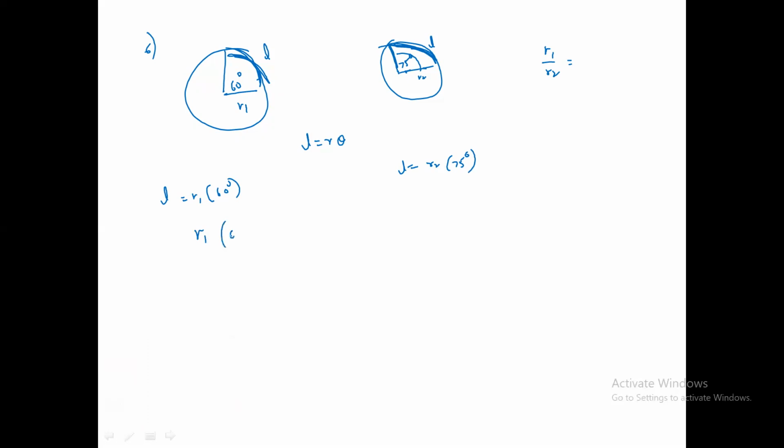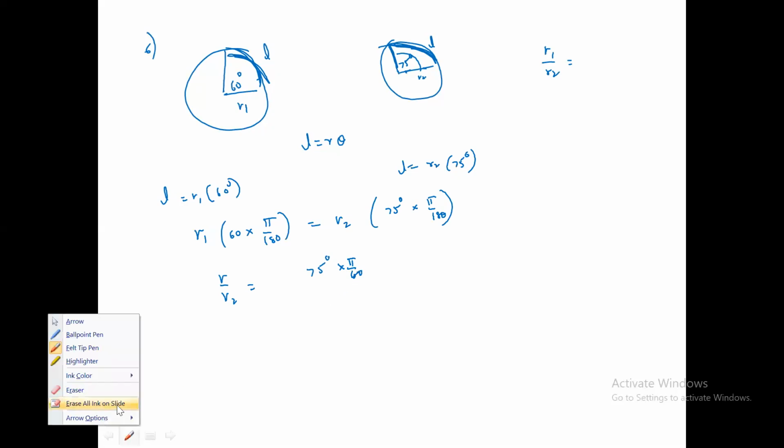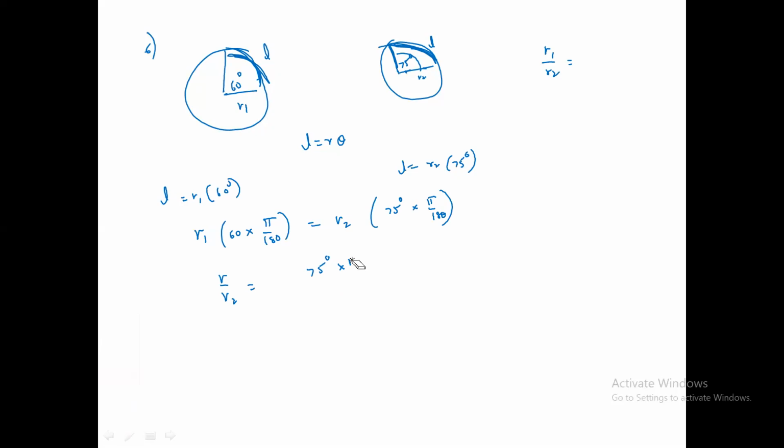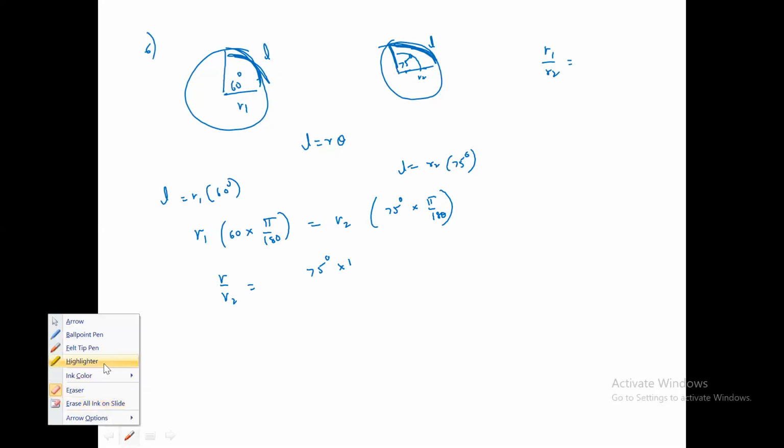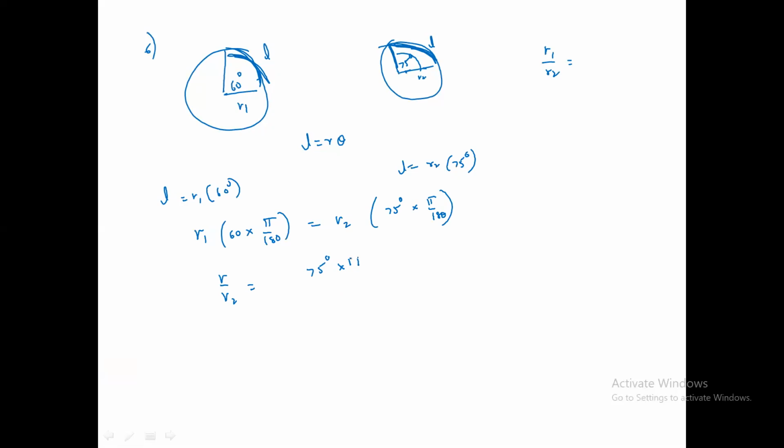R1 into 60 degrees I will multiply by pi by 180, equated to R2 into 75 degrees, also multiplied by pi by 180. Or R1 by R2 will be equal to 75 into pi by 180 by 60 into pi by 180.